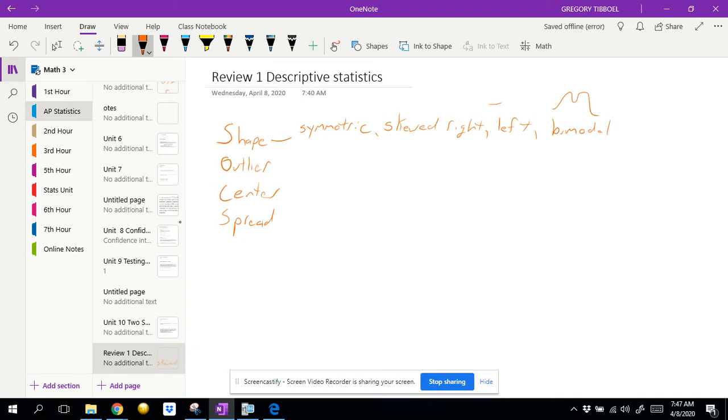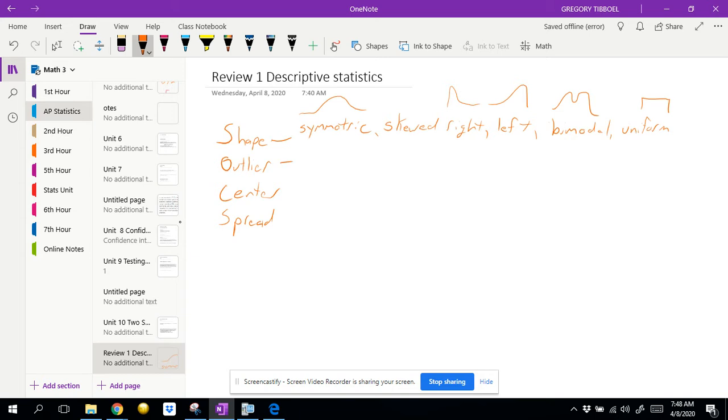Skewed left means the tail is on the left. Skewed right means the tail is on the right. And symmetric should be roughly even. And then we also have something called uniform, which is just everything is the same.